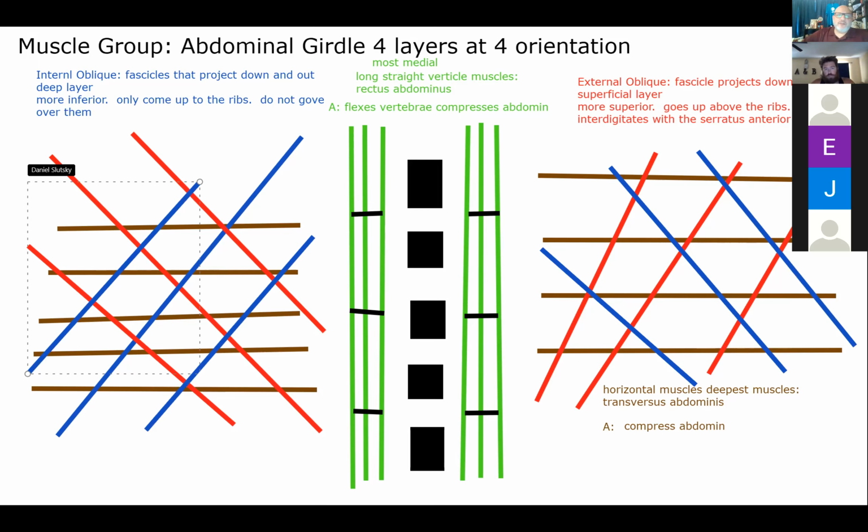Now, notice the one thing we haven't done. We haven't done the actions for the internal oblique and the external oblique. When you look at your list, what do you notice about the actions? They are the same. Absolutely the same.